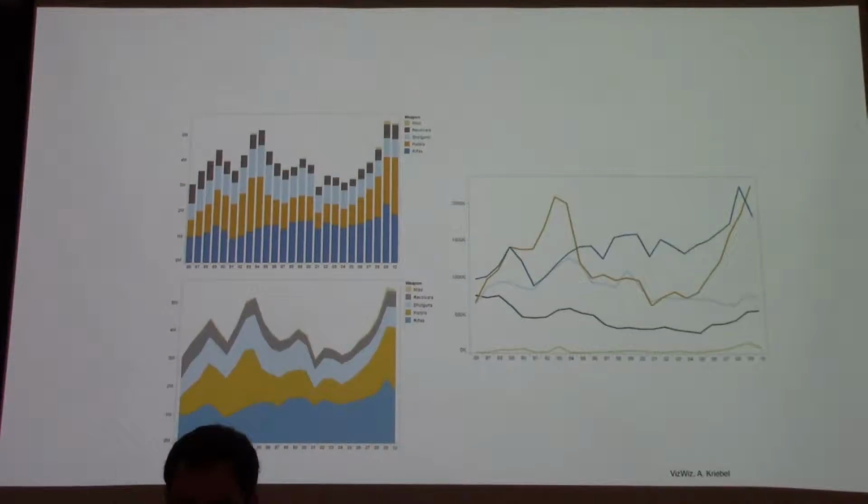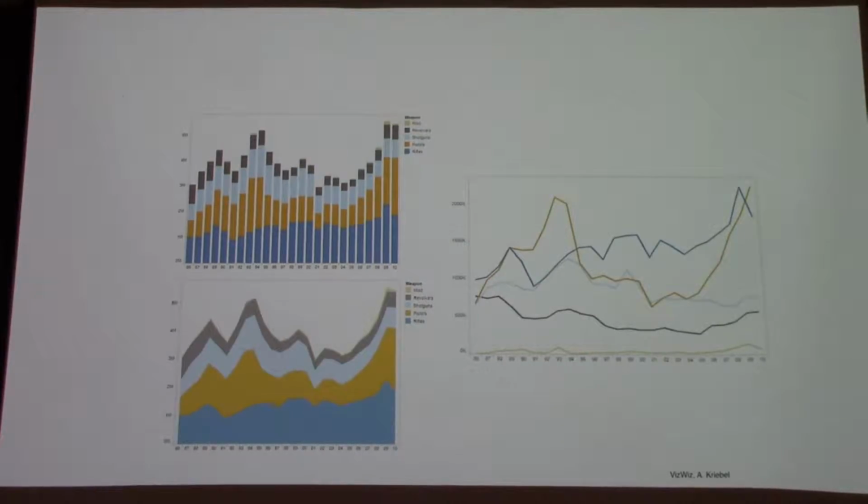And here's a comparison between stacked bar chart, stacked line chart, stacked area chart, and proportional stacked charts. In this case, this is a weapons data set. How many weapons are sold? There are revolvers, shotguns in blue, pistols in orange, rifles in blue.